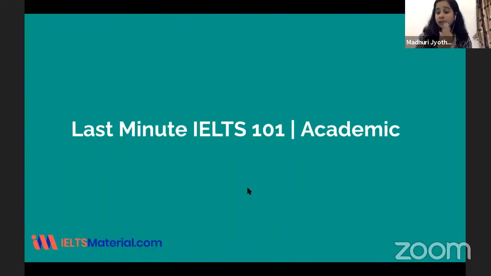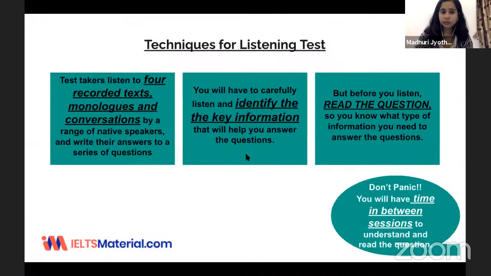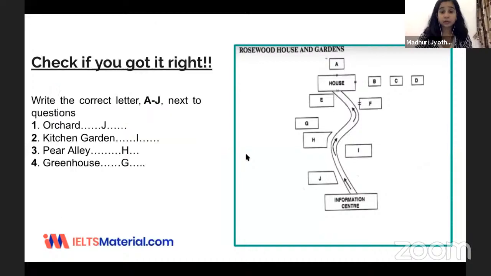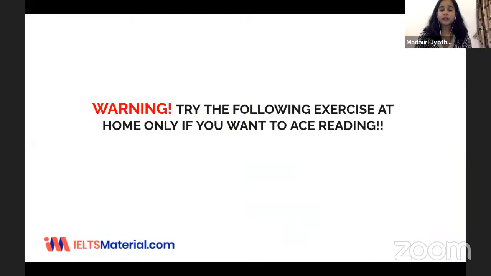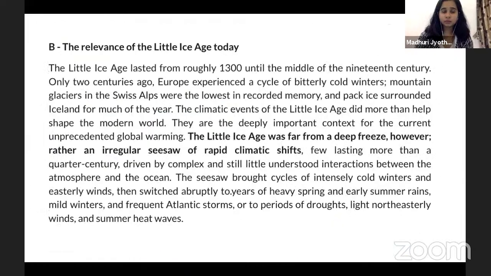And you have to answer the questions in the question paper, or if you're doing it computer based, at the same time as the audio is playing, not after you listen to it. I'm sure all of you already know this, but some of you may not. So I'm just going to proceed with writing now.